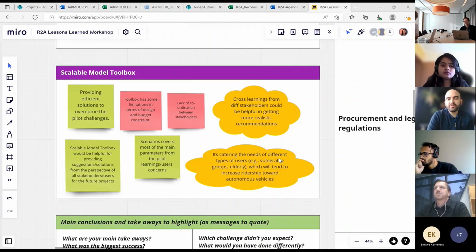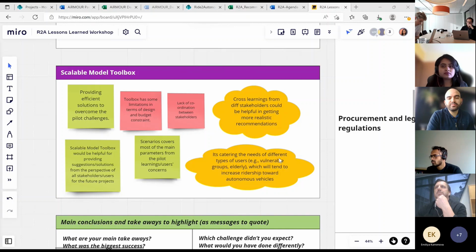But basically, we should have 2 to 3 pages per phase, going through the main messages, describing what the challenges are and what potential solutions and good practices we've found in relation to procuring and planning AV pilots, then preparing and planning, then running the procurement and legal requirements, and so on with each of the phases, the big rows in the table.